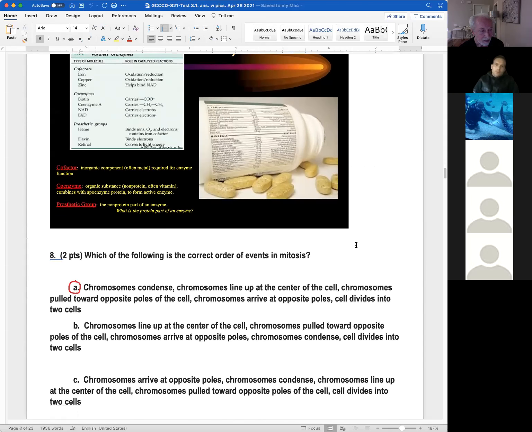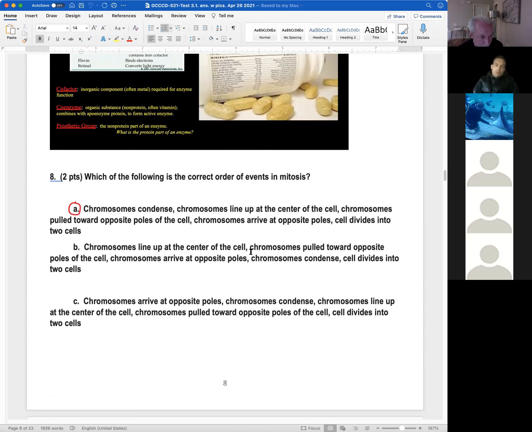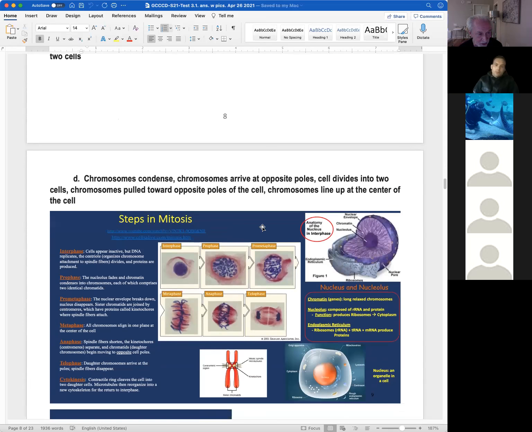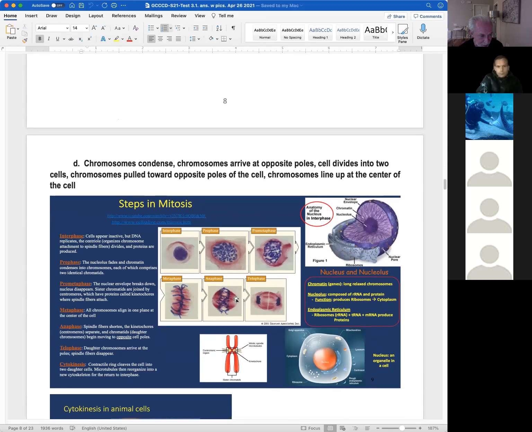All right, the next question is about the order of events in mitosis. And that refers specifically to this slide, steps in mitosis, which describes each step as it's been defined.